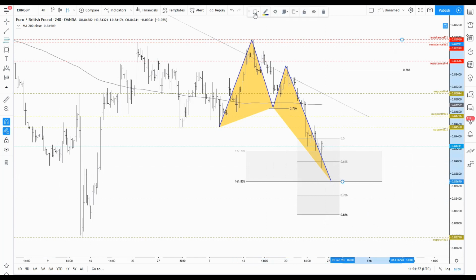I will just give one example here of risk reward, but the extended crab pattern will target the previous structure support level, so that's a default target for the pattern.